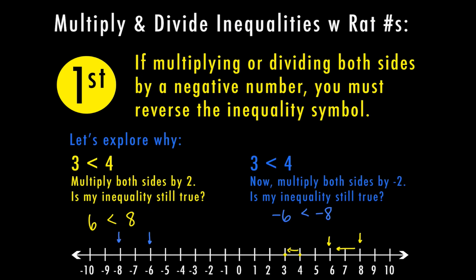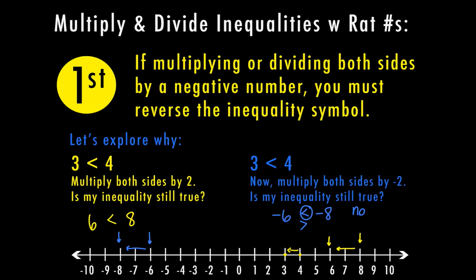So is in fact negative 6 less than negative 8? And the answer is no. The inequality is not true anymore because the negative 6 is actually closer to 0, which means it is actually the one that is greater than instead of less than. So this symbol needs to be flipped in order for this to be true.